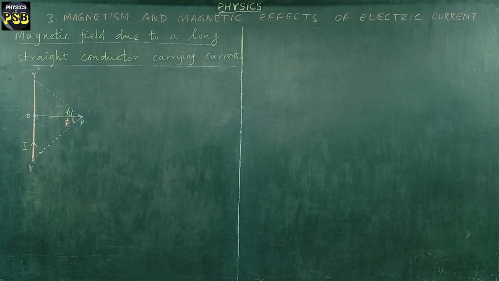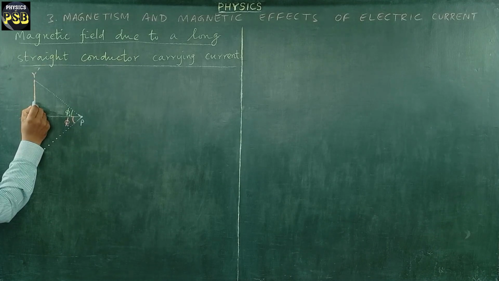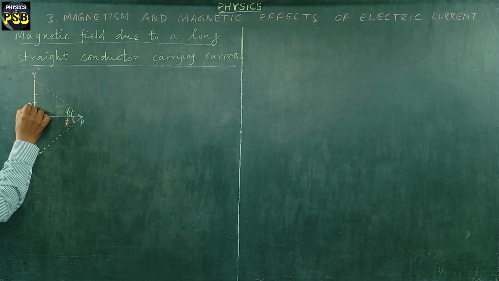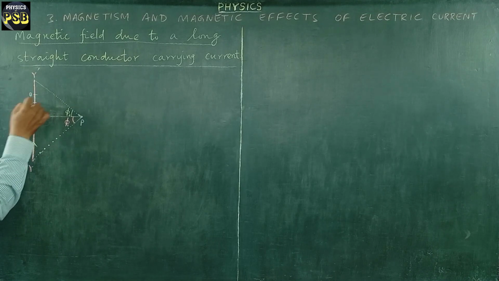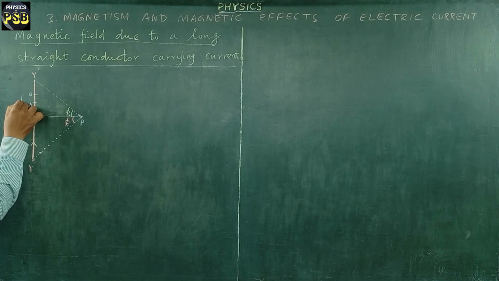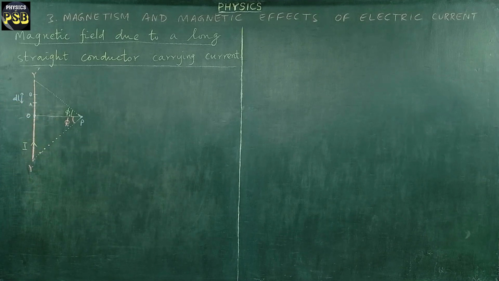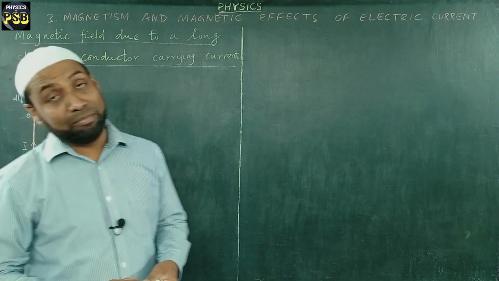Then, to make my work easy, I take a small portion in this infinite long straight conductor. I name that small portion AB. The length of AB is nothing but dl, through which current I flows. As current I flows through this small line element AB, I call it a current element.